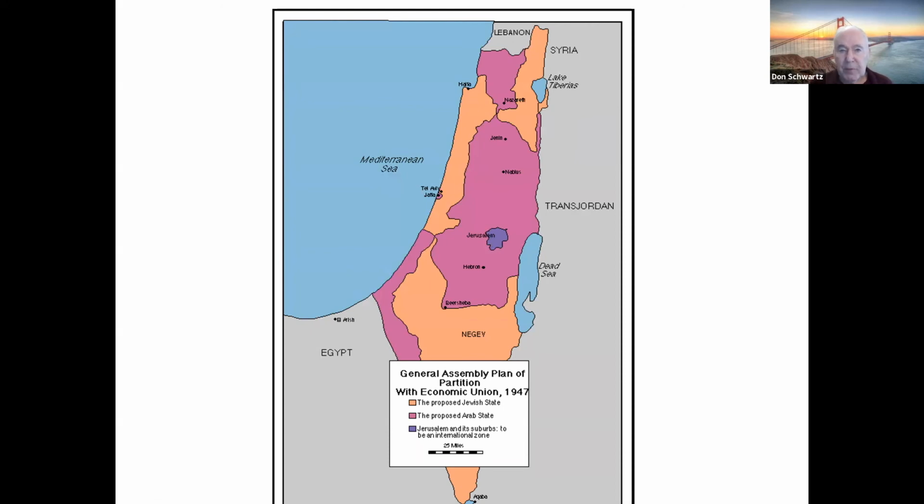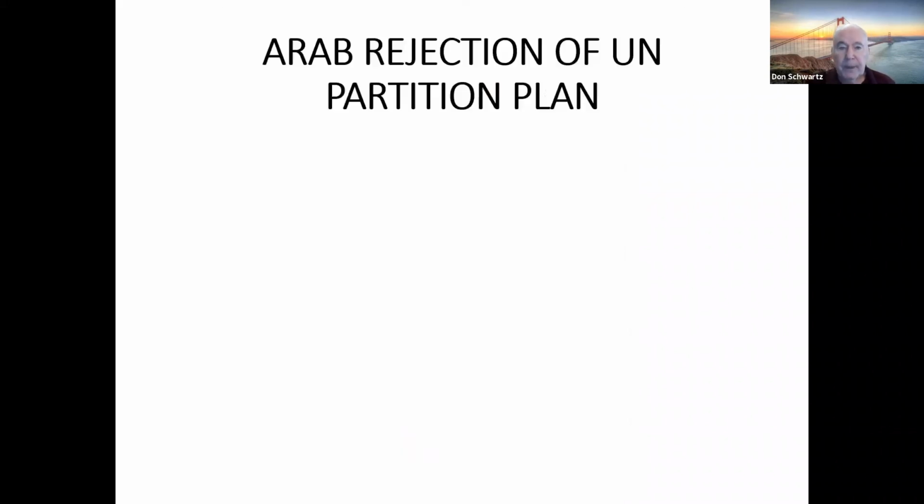Now, when the partition plan was presented to the United Nations, it was approved by 2/3 of the General Assembly. It was also accepted by the Jewish leadership, but it was rejected by the Arabs.